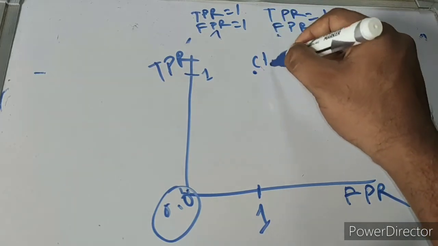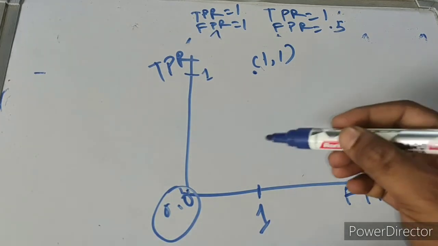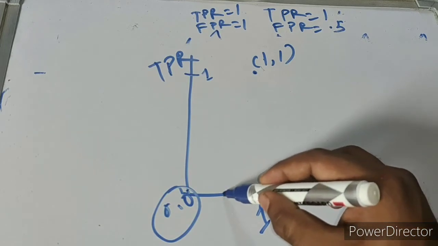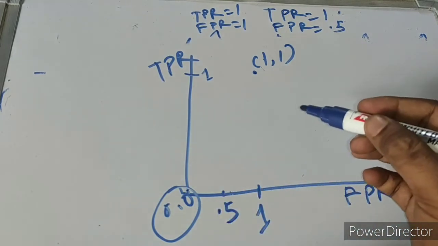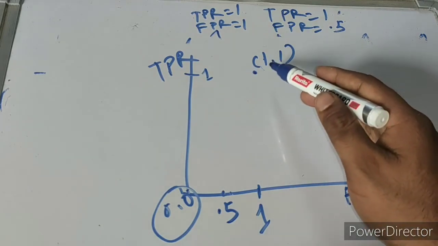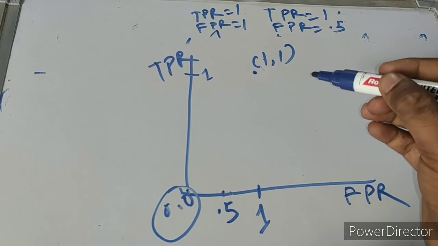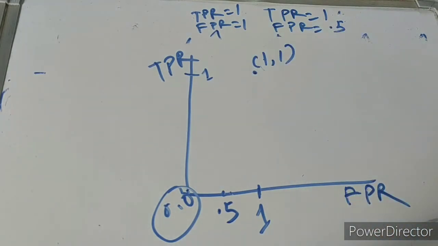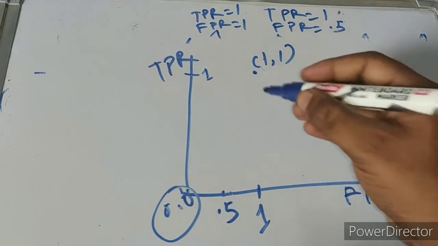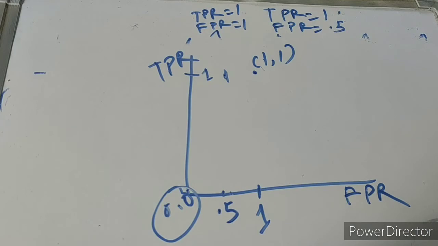This is 1 comma 1. The coordinate is 1, 1. Suppose we are getting 0.5 here, and one value here.